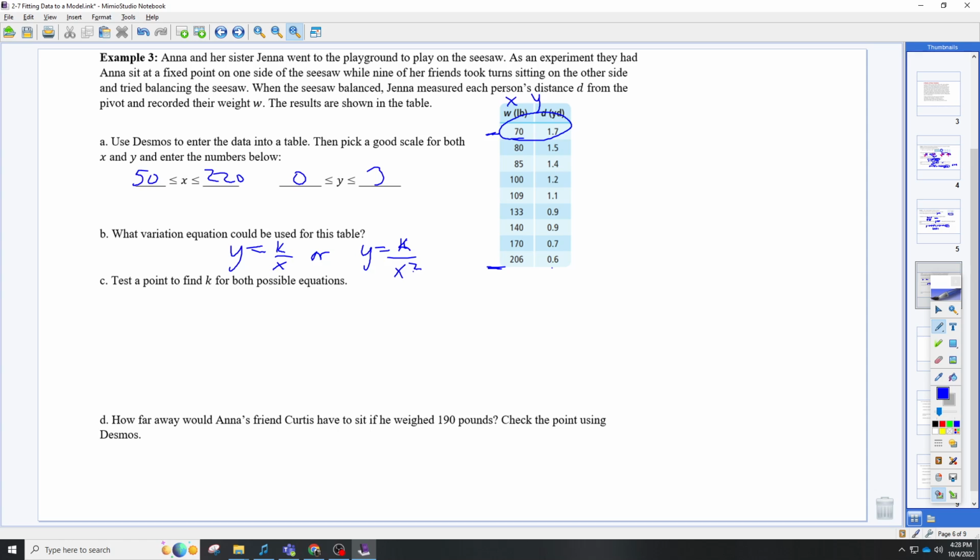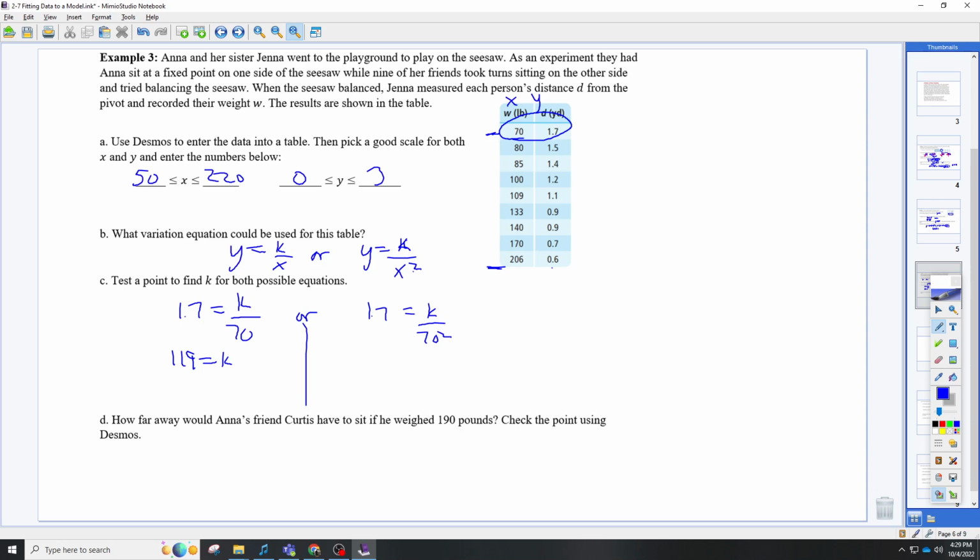So we have 1.7 equals k over 70, or 1.7 equals k over 70 squared. So we'll figure out what both of these are and then see which one makes more sense when we put it into Desmos. We'll multiply both sides here by 70, so 1.7 times 70. I get 119 equals k.